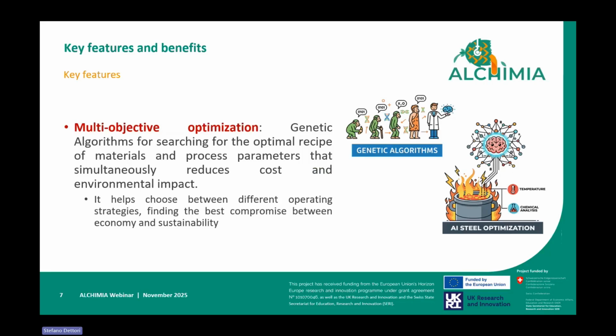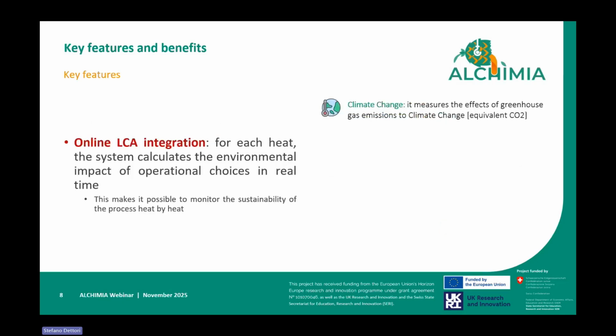Second, multi-objective optimization for optimizing the recipe for producing the specific steel, aiming at reducing the economic cost and also environmental impacts. And this allows operators to select a better strategy for controlling the ladle furnace operation.